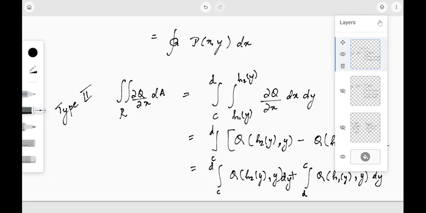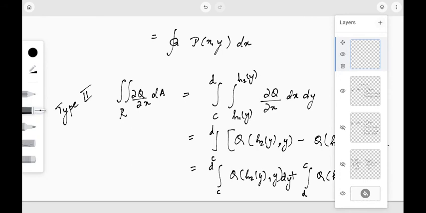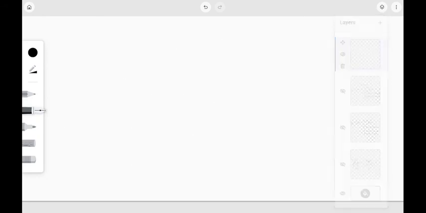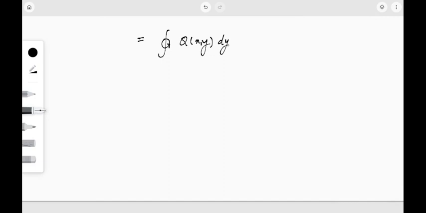So this value will be nothing but equal to integral, you see, q of x comma y dy.